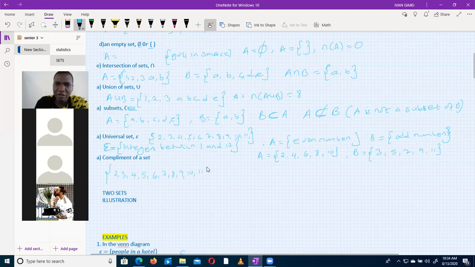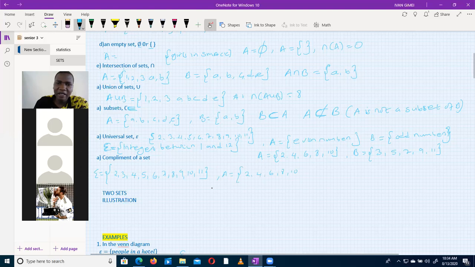That's our universal set. Then our set A is having elements 2, 4, 6, 8, and 10.